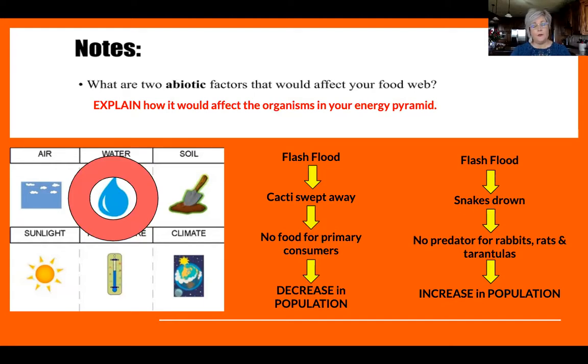So now, because there's nothing killing them, they're going to increase population. Well, if the rabbits, the rats, and the tarantulas increase population, what does that mean for the other organisms in the ecosystem? So see, they're all interconnected. Again, you don't have to go this deep, and if you just want to write something like this, just kind of shorthand, and be ready to explain that on the questions on Tuesday.